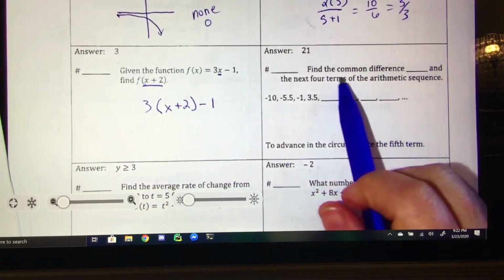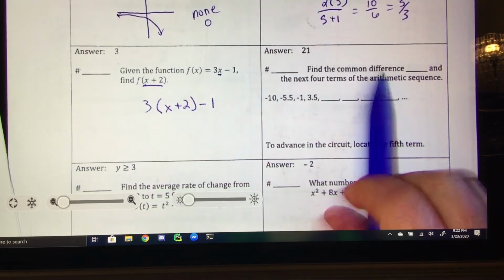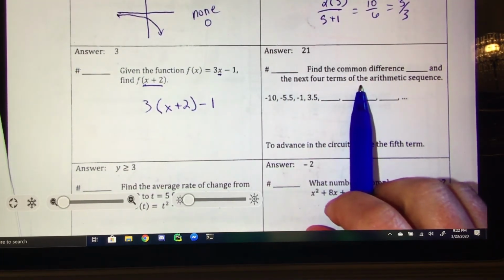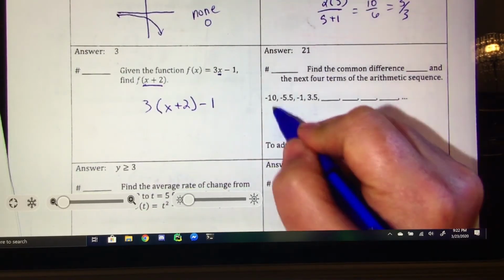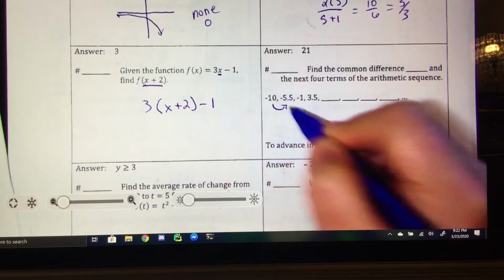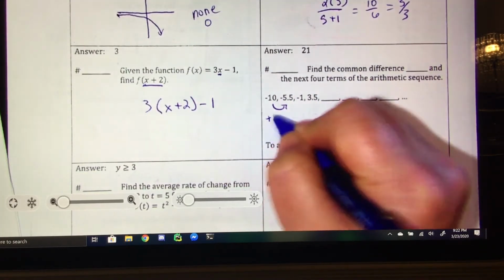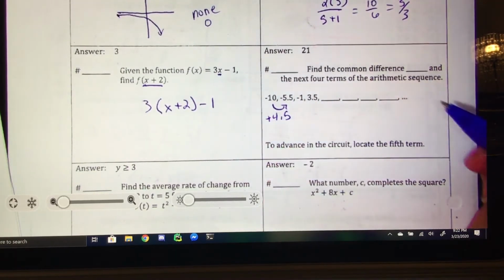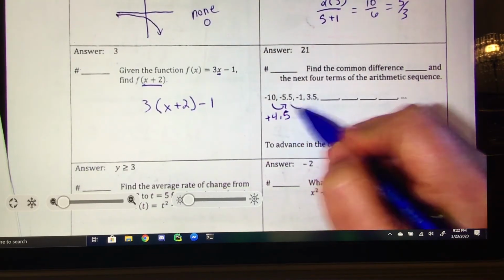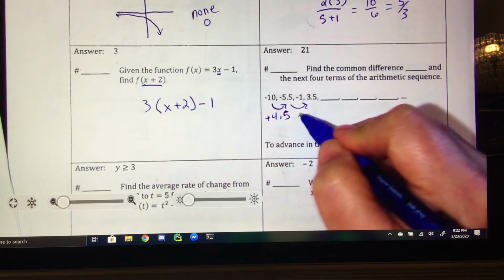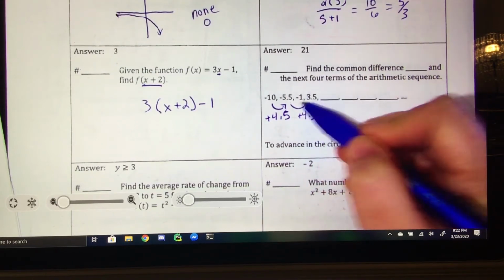So the next one, find the common difference and the next 4 terms of the arithmetic sequence. Well, we talked about that in the first video. To get from 10 to negative 5.5, I'm adding 4.5. 4.5 again, plus 4.5 gives me negative 1.